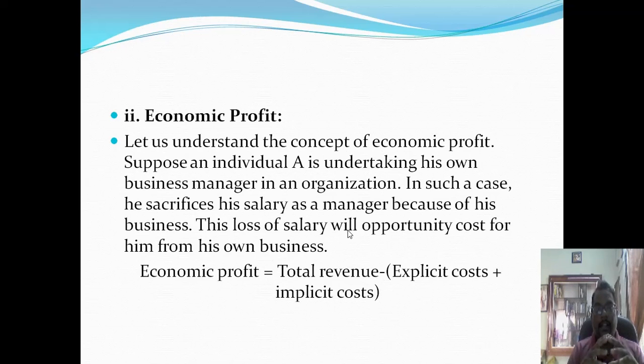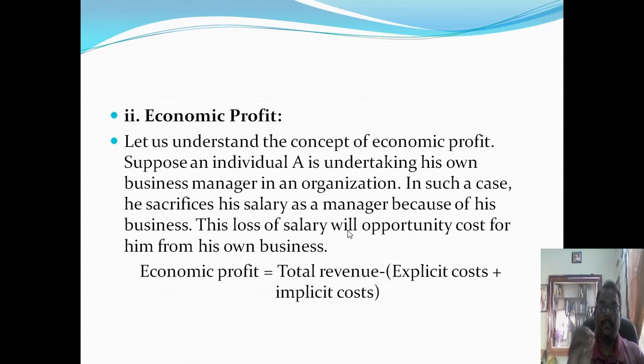Suppose an individual A is undertaking his own business, though he could be a manager in an organization. In such a case, he sacrifices his salary as a manager because of his business.